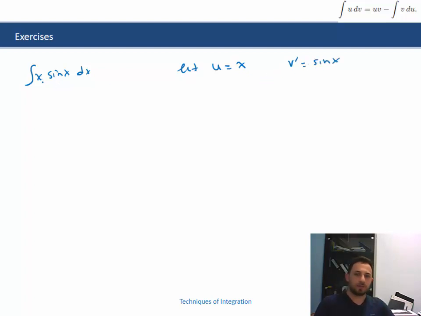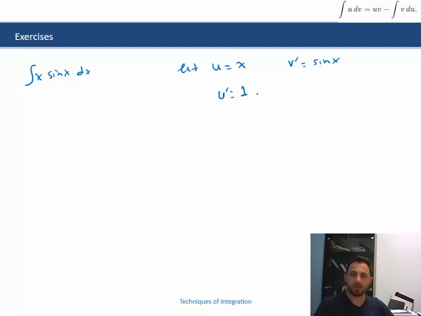Again, don't take v' equal to x, because if you integrate it, it will become x squared. While if you take it to be u and you differentiate it, you make it smaller. So always take as the derivative the one that you can make a huge change on, and as the integral the one that changes very little. Okay, you want to simplify things.